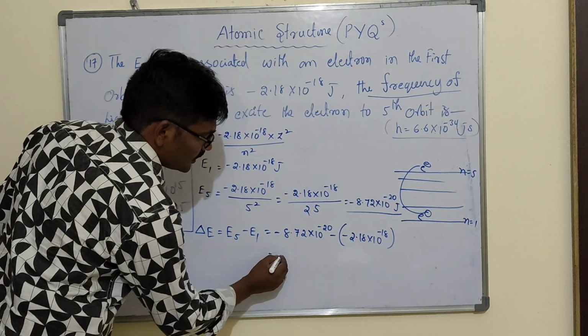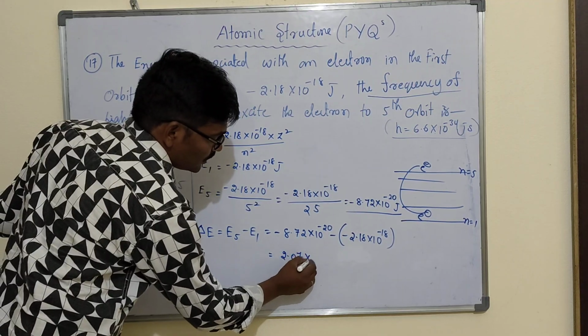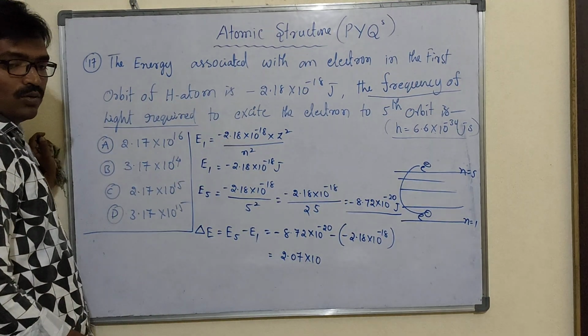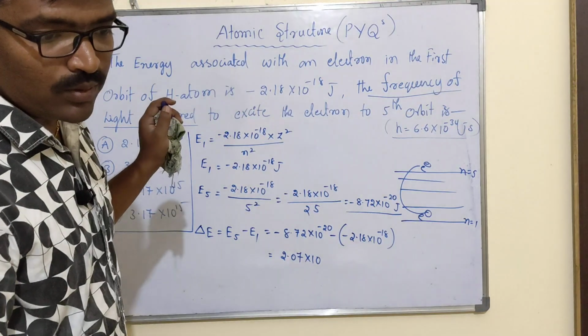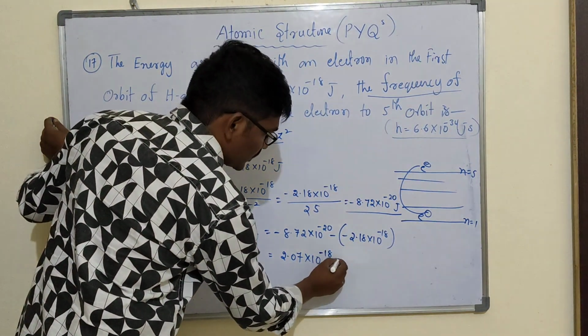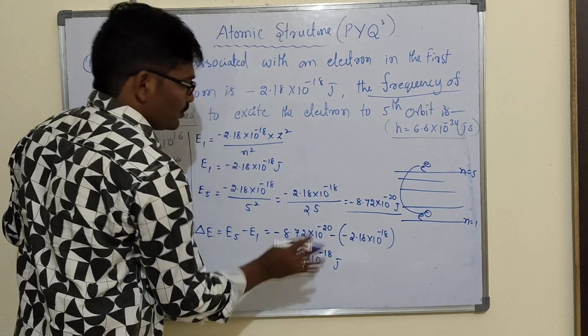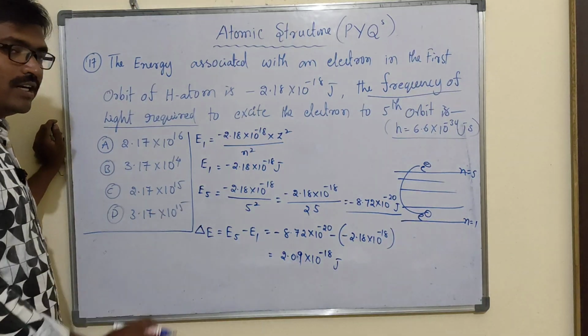Then we get 2.09 into 10 to the power of minus 18 joules, the change in the energy.